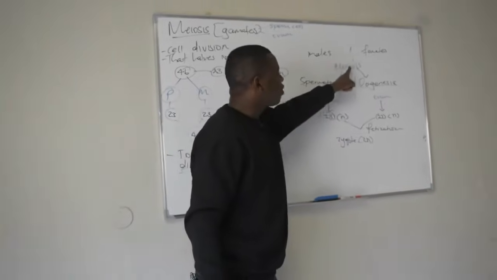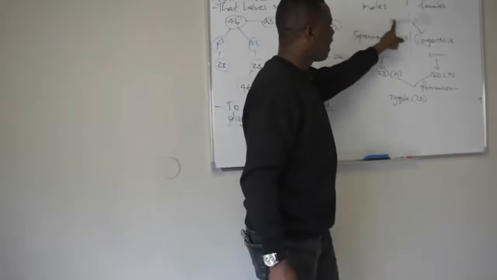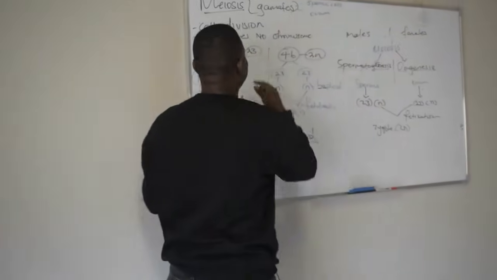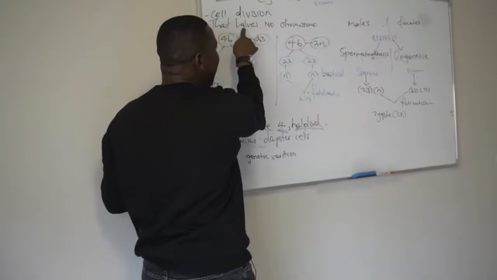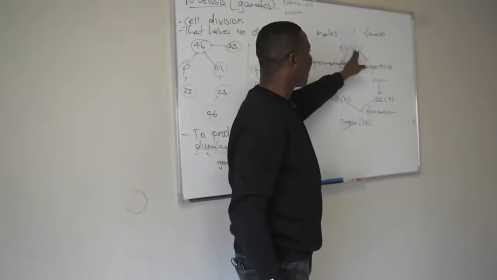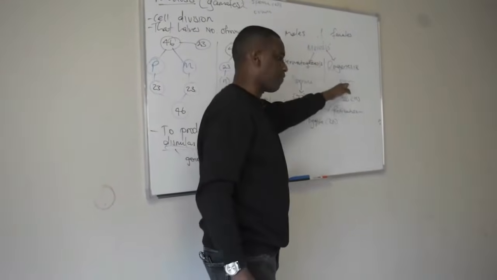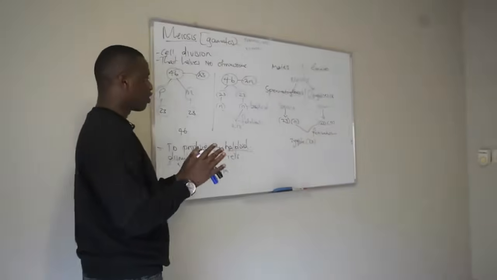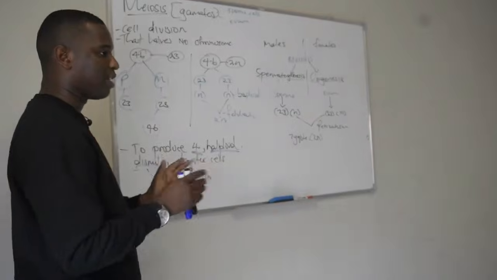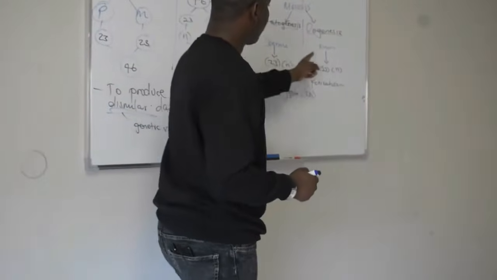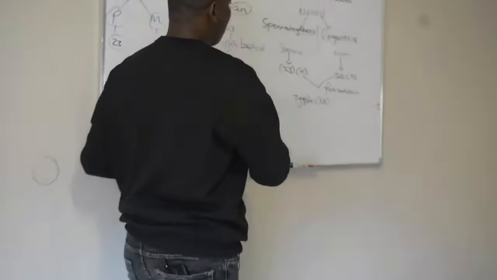Due to the meiosis that has occurred in males and in females, it prevented the doubling effect by halving the number of chromosomes. If meiosis did not occur here, we would have a doubling effect, and the zygote would have 92 chromosomes. That zygote would not even form, because it's an abnormal zygote. Now, what are we talking about here?